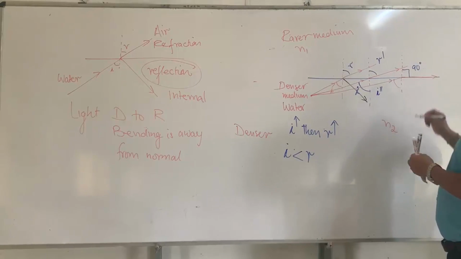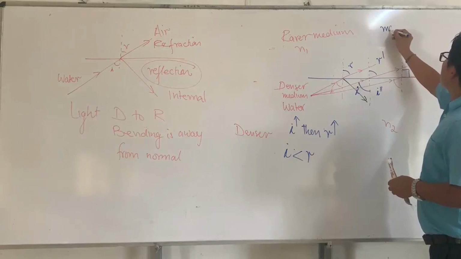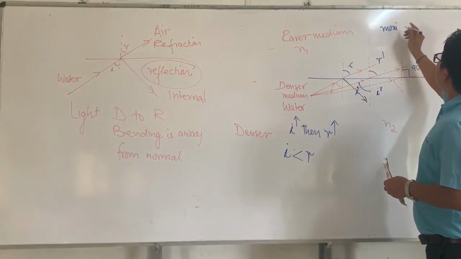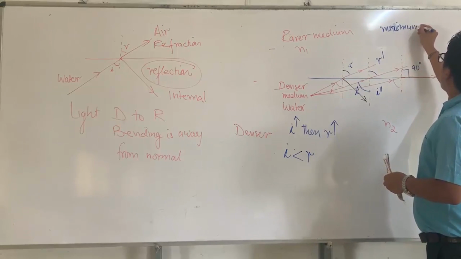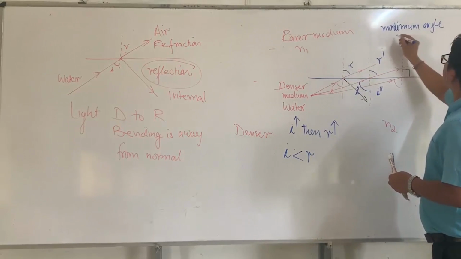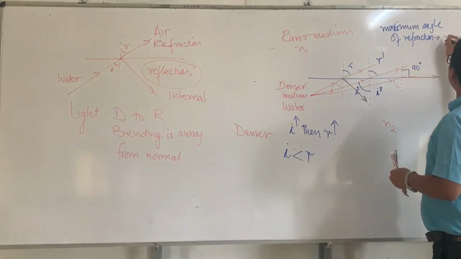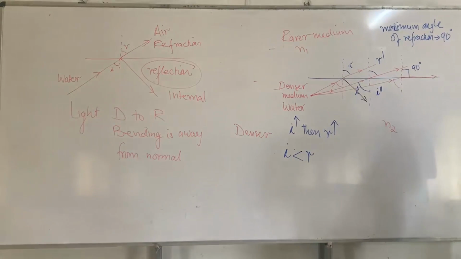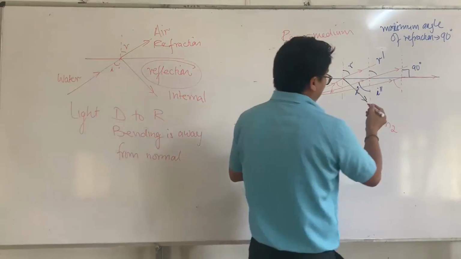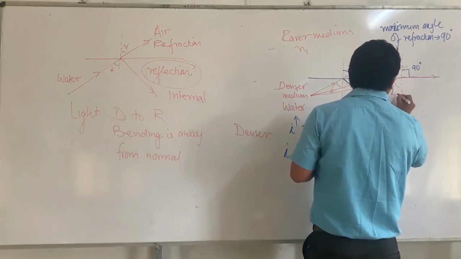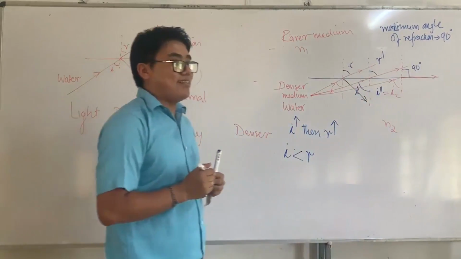Therefore the maximum angle of refraction can be 90 degrees. Alright. And I say this angle of incidence is what we call the critical angle.